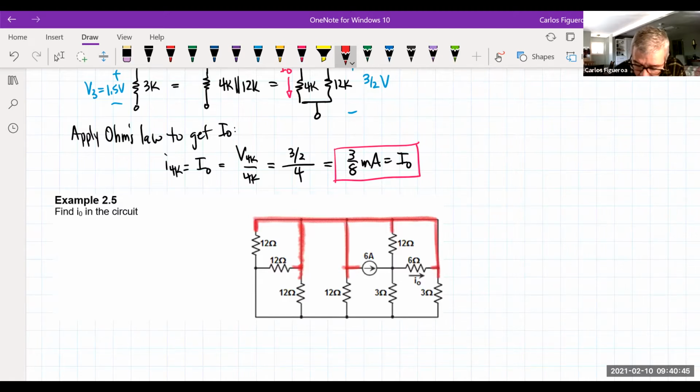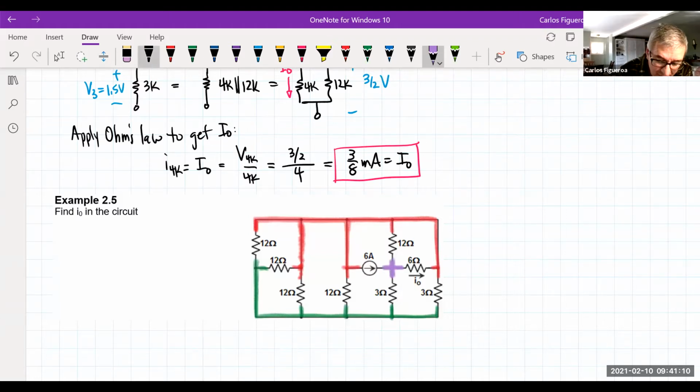Okay, so that's a fairly big node. Let's go to the second node. I'm going to choose green for my second node. And then finally, I'm going to have my third node, which is right here.